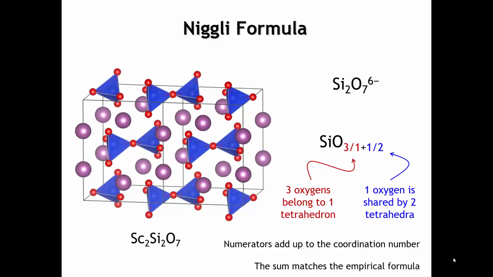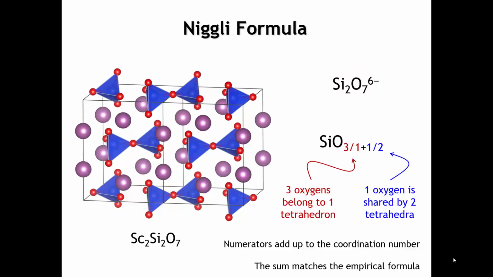Now, before we do that, let's talk about something called the Niggli formula. Here I've selected one silicate to illustrate how we can use the Niggli formula to describe the bonding. This silicate is Sc2Si2O7, and so we might think about this as having scandium 3+ cations and polyatomic Si2O7 6- anions.